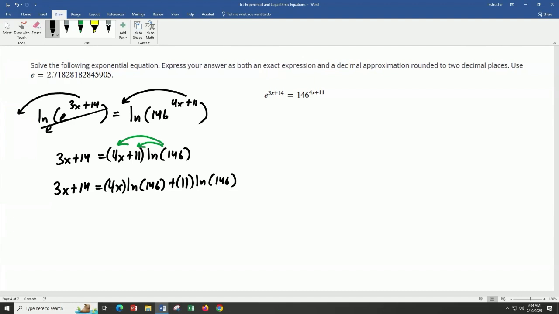That's 4x times the natural log of 146. Let's get it to the other side. So since I have a plus, let's go ahead and subtract it. So let's subtract 4x ln 146 from both sides. That cancels it out on that side.